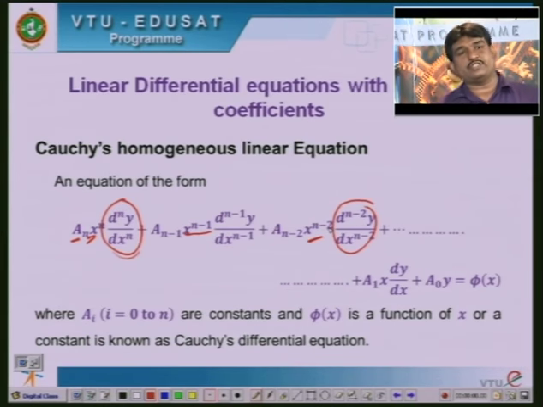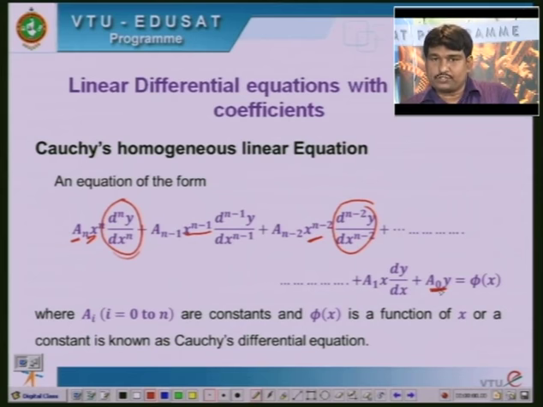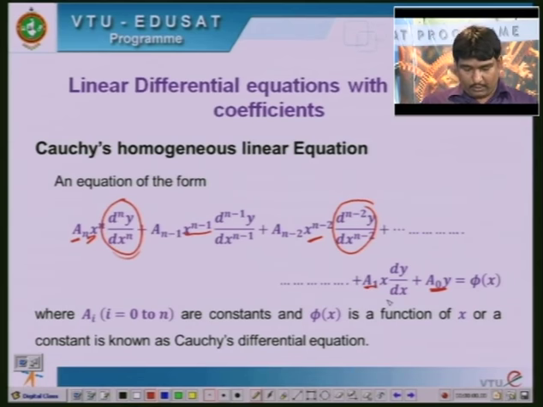Such differential equations are known as Cauchy's linear differential equation. Of course, here the coefficient of y is the constant a naught. All these are constants, a naught, a1, a2 till a_n. And phi of x can be any function, a function of x or a constant.